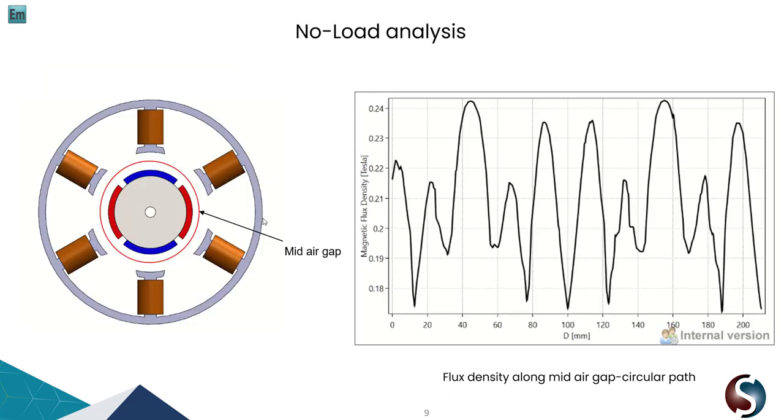We can take any other, let's say, mid gap, along this circle. You know the air gap fluxes are very important for electric machines in general, so we just want to show you what type of plot you can obtain using EMS.